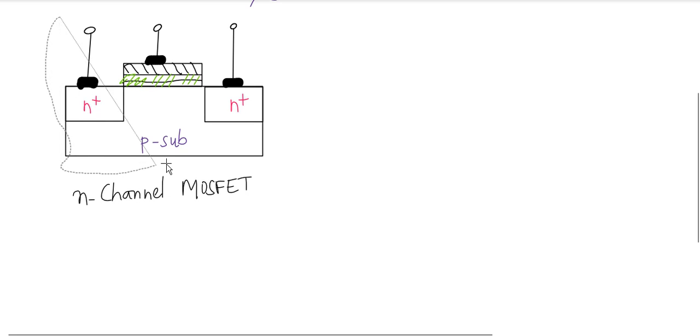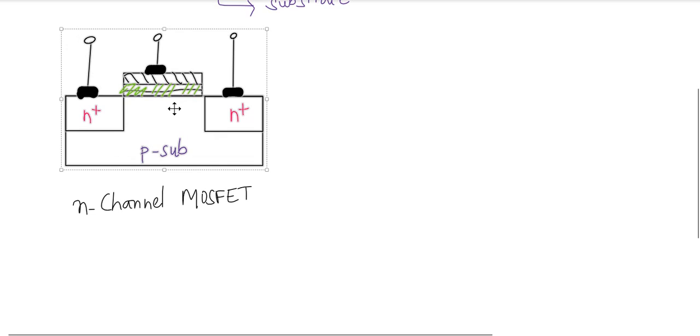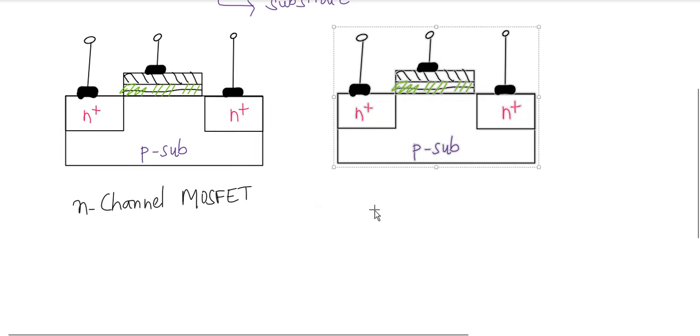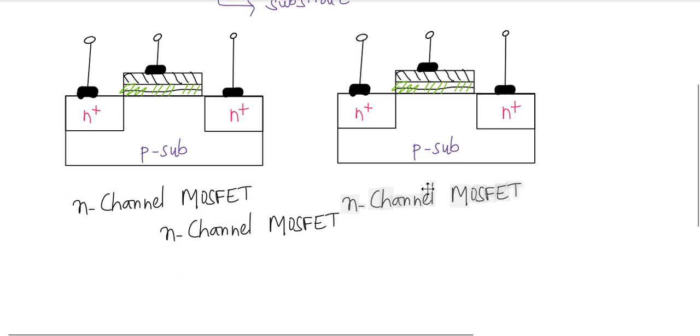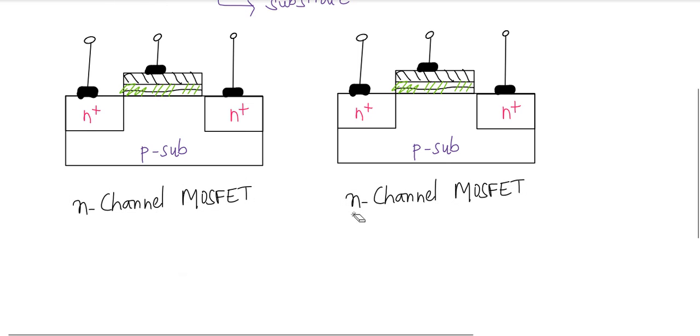So if I were to draw a P-channel MOSFET, then the essential difference between these two would simply be that I will have to change my N's to P's, and correspondingly the P's will have to be changed into N's.